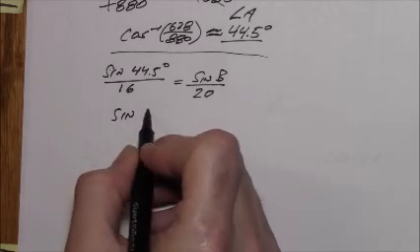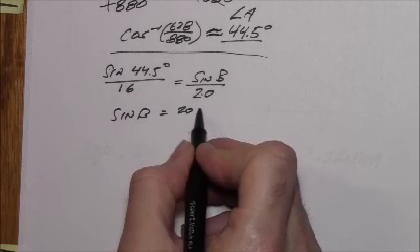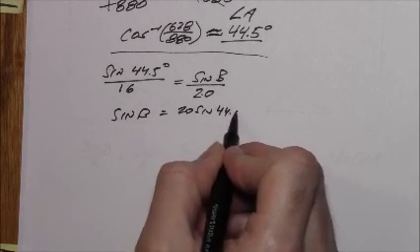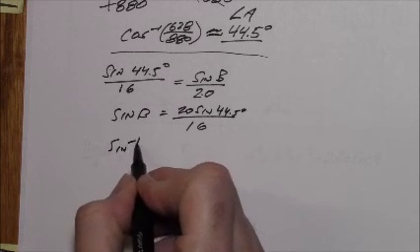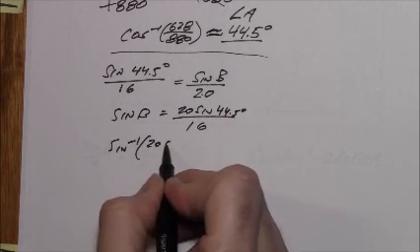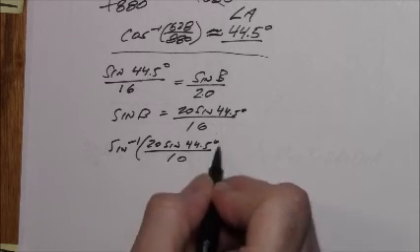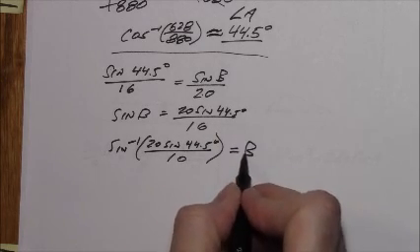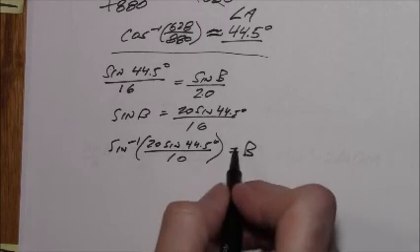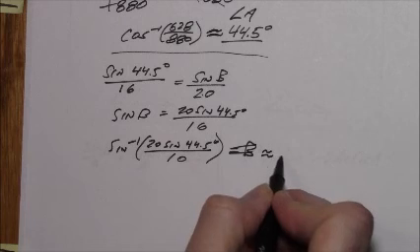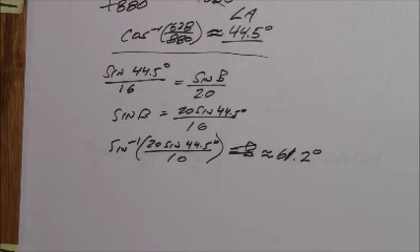So we'll say that sine B is equal to 20 times sine 44.5 degrees over 16, which means sine inverse of 20 sine 44.5 degrees over 16 is equal to angle B. When we put it in the calculator, it is approximately equal to 61.2 degrees.